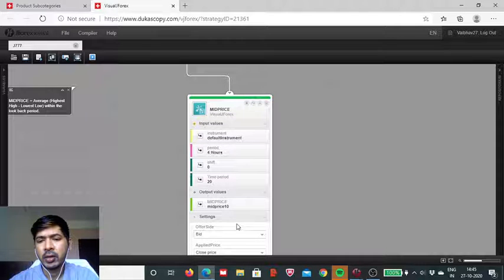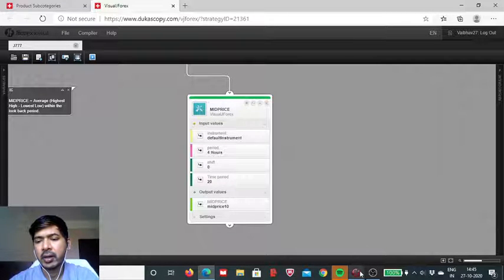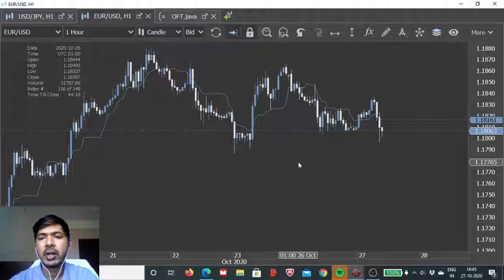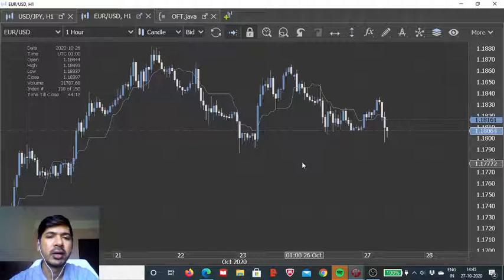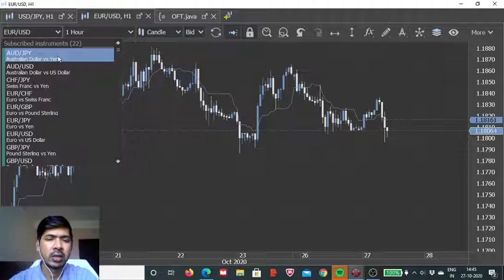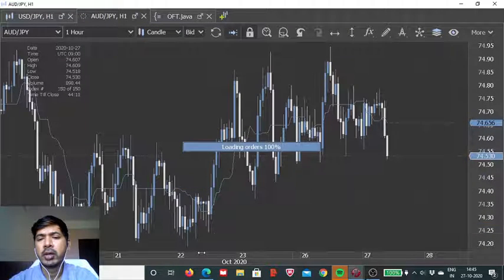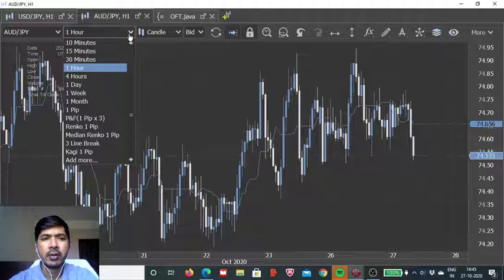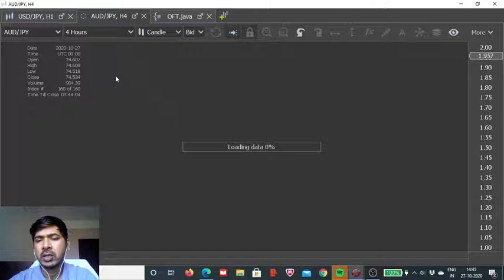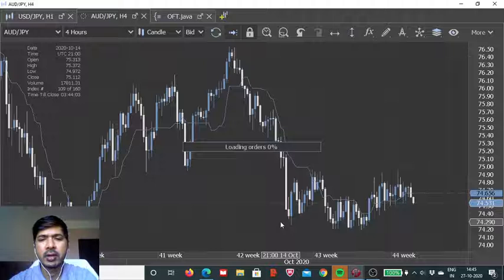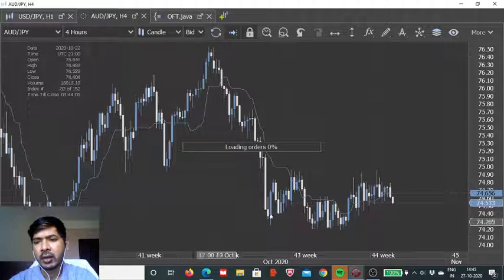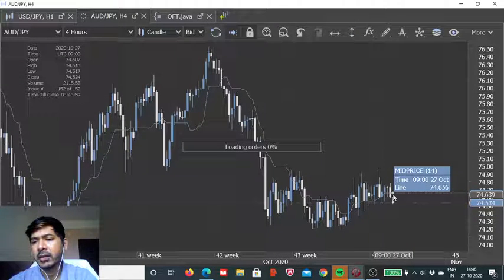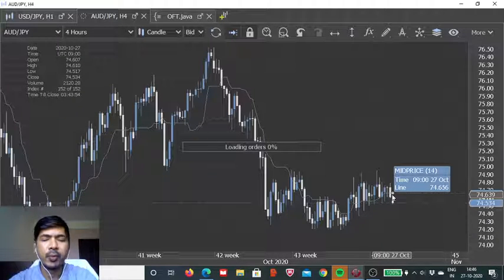So let us go back to the chart and see how this combination will look on the chart. First thing we have to do is change the instrument to AUD/JPY. Now this is the AUD/JPY chart, which we again need to change to 4 hours. The output value, the mid price, which we are looking at, is the midpoint.